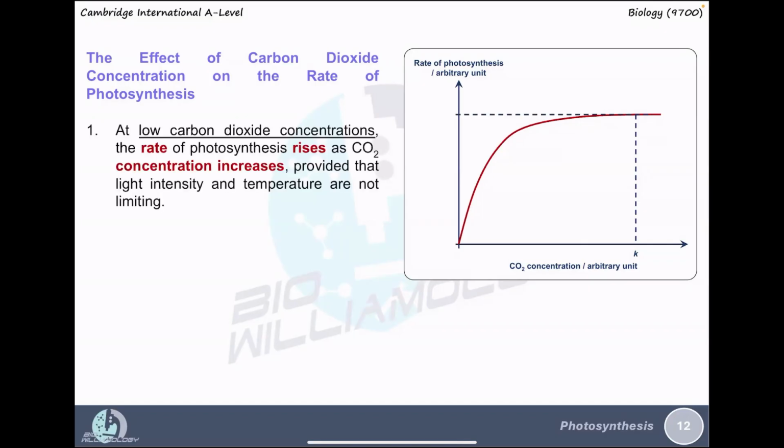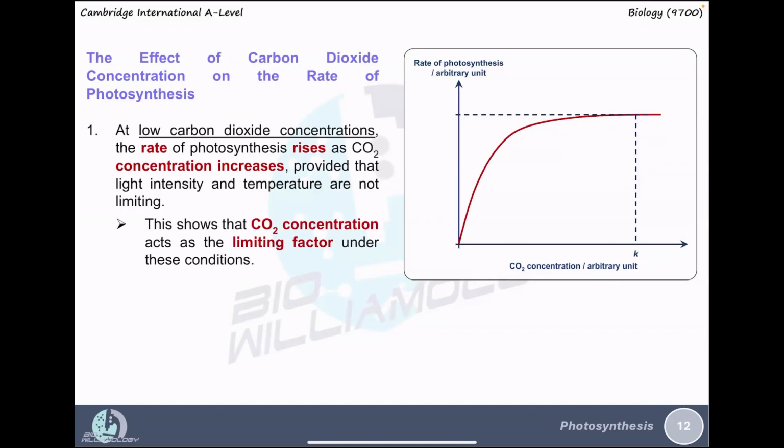So at low carbon dioxide concentration, the rate of photosynthesis increases as CO2 concentration increases, provided that the other factors, light intensity and temperature, are not limiting. And this also shows that CO2 concentration acts as the limiting factor under these conditions.